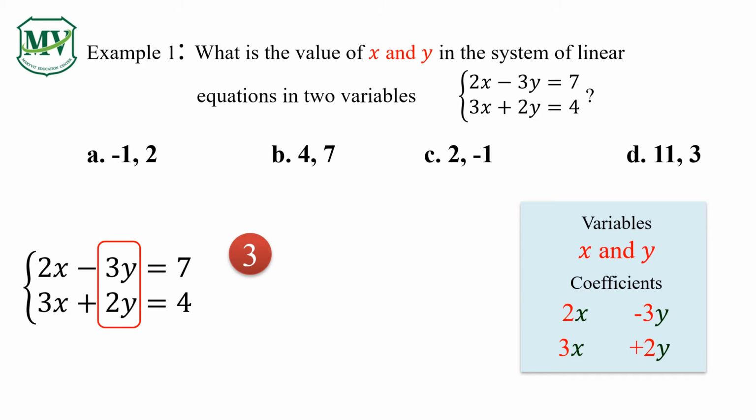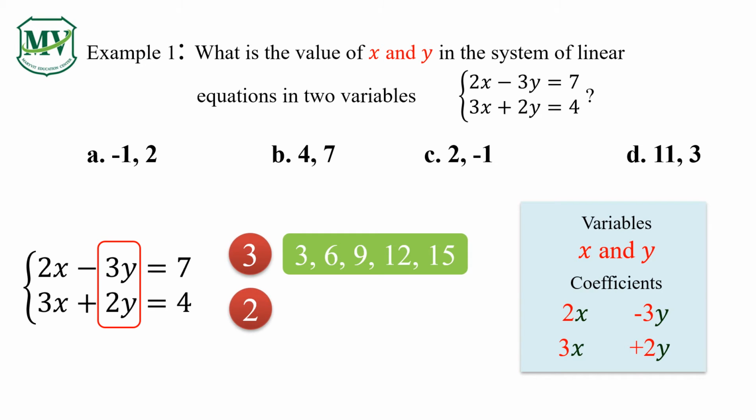What are the multiples of 3? We have 3, 6, 9, 12, 15. In equation number 2, the coefficient of y is positive 2. What are the multiples of 2? We have 2, 4, 6, 8, 10.